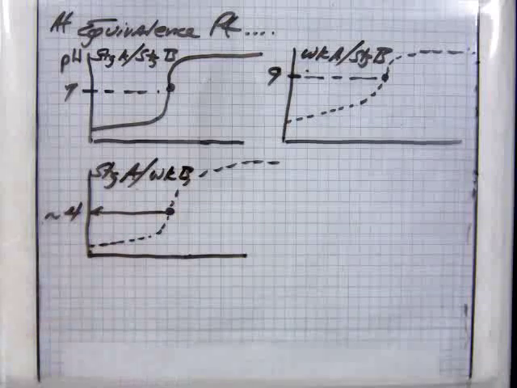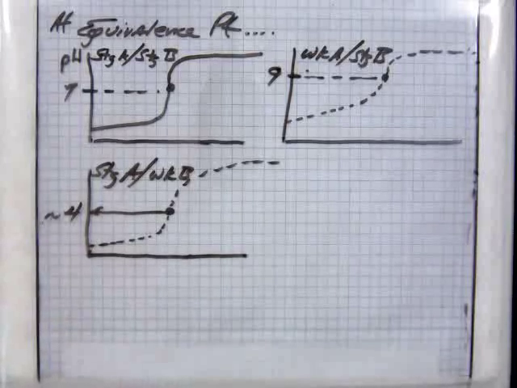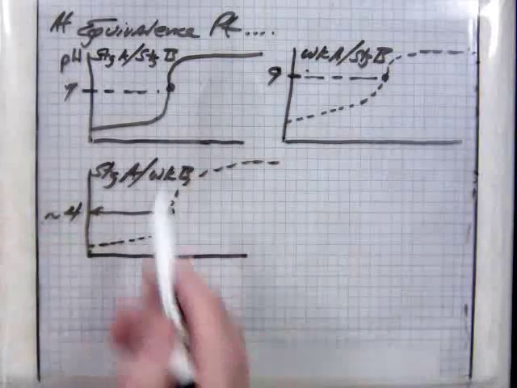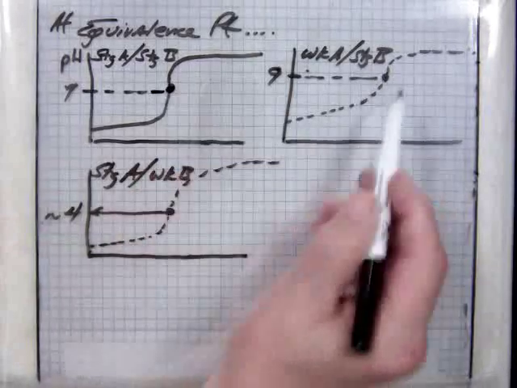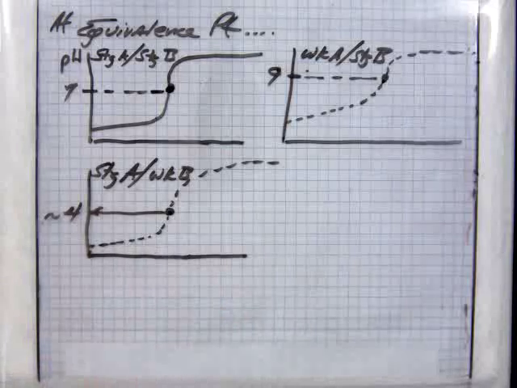Now, the weak acid, weak base titration is dependent on which has the larger K value, so we're not going to put that one in this set. But what you need to understand is that in the titrations, the equivalence points here, here, and here are a result of hydrolysis of the salt.